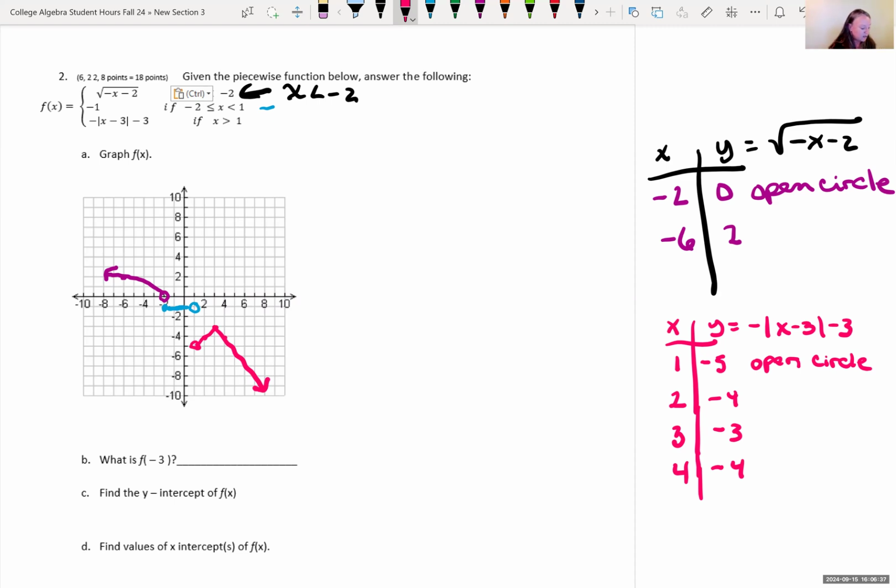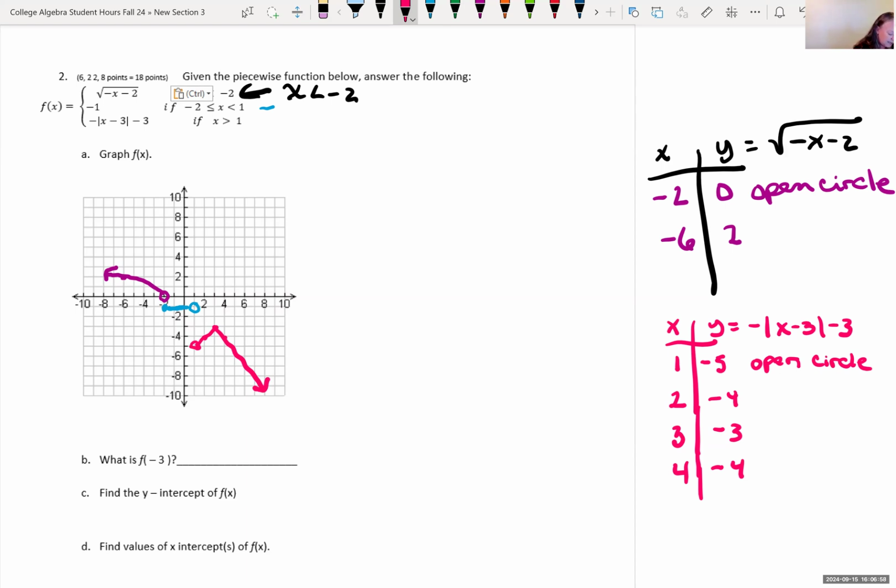Next question asks, what is f of negative 3? So we want to know what is our y value when x is negative 3. Looking at our inequalities for each equation, we want to find the one that satisfies x equals negative 3. Well, I know negative 3 is less than negative 2, so that tells me that I'm going to use the first equation.